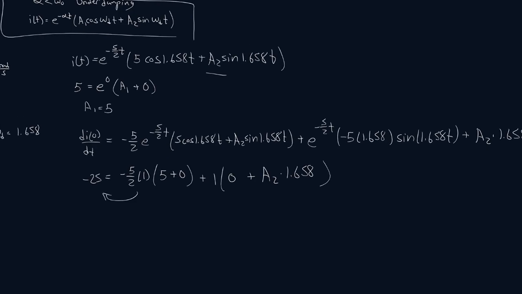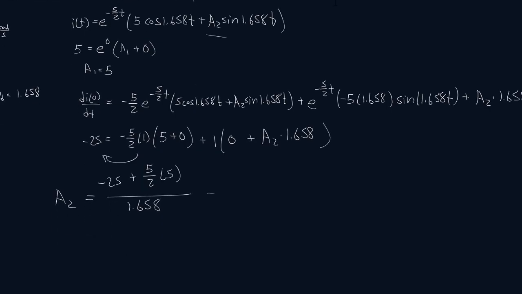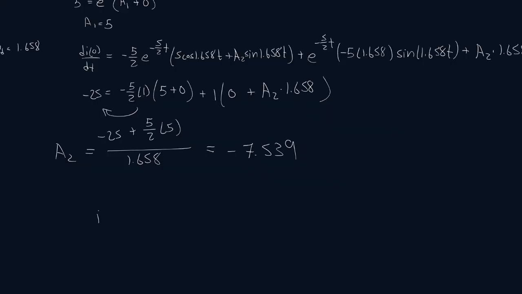Let's bring this to the other side. So it'll be minus 25 plus 5 over 2 times 5, all over 1.658, and this is going to be your A2 value. So let me see what that's equal to. That will be equal to minus 7.539. And now we can find your i(t).